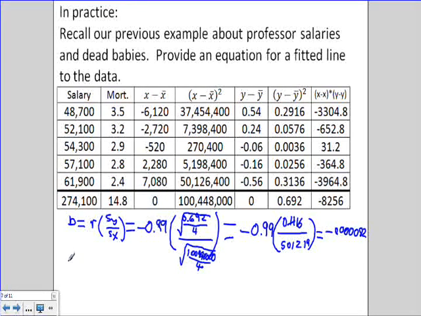We can also show this works with the other formula, the covariance divided by the variance of x, or the square of the standard deviation. We know from previous calculations that the covariance is negative 2,064.